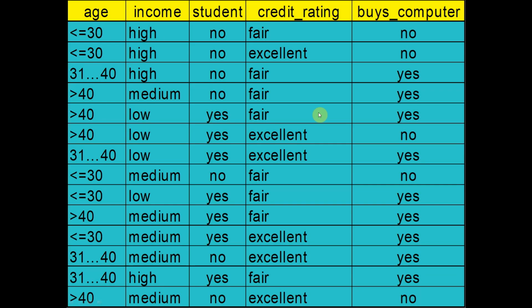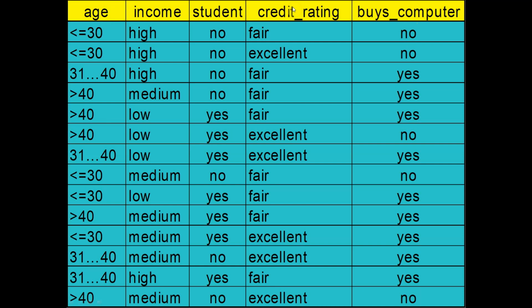So let's take a look at this data set one more time. This time you will see things slightly differently from when you saw this data for the first time. We still have 5 columns. If we use the last column as our label, that means we want to predict whether a customer is going to buy a computer or not. Then we use the first 4 attributes to make our decisions.